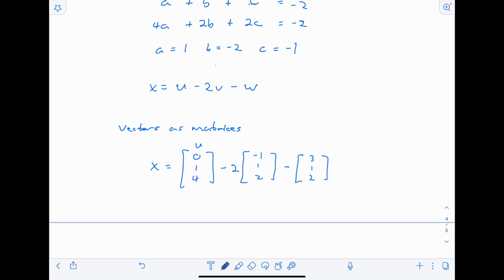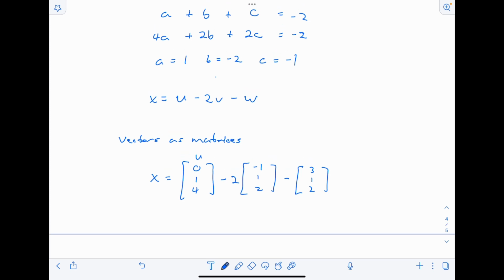Because the position within a vector matches up to the position in other vectors, in the same way that matrices do, we're able to write it in this form with matrices. Okay, so that's the idea behind how vectors and matrices tie together. We can think of a vector as a 1 column matrix, or you could do it as a 1 row matrix, either way, and represent the vectors in that fashion.